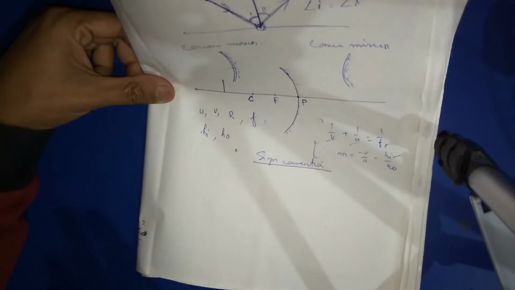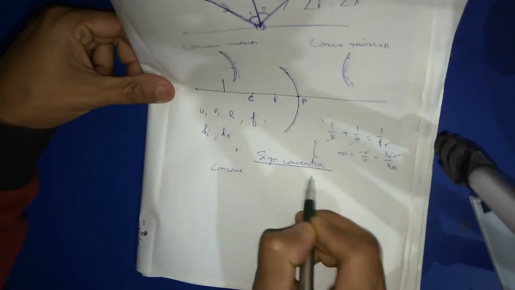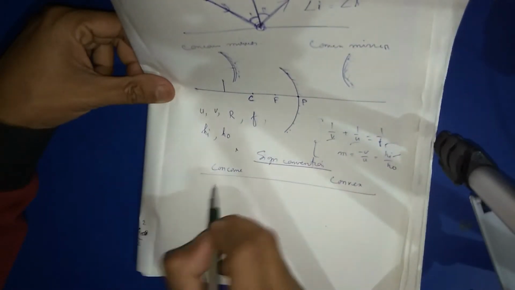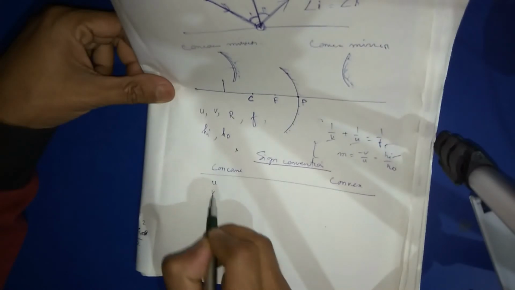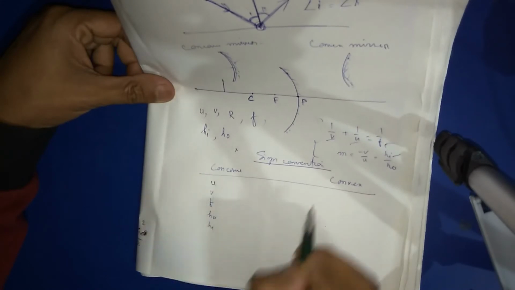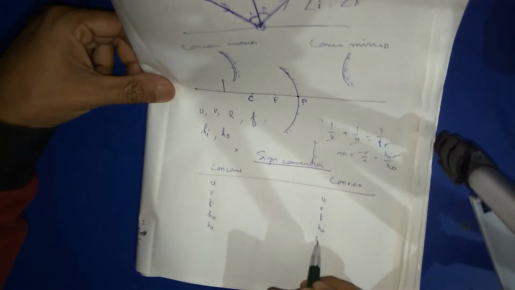We have the following for concave as well as for convex mirror respectively. Now we have u, v, f, ho and hi. Even for convex we have u, v, f, ho and hi.